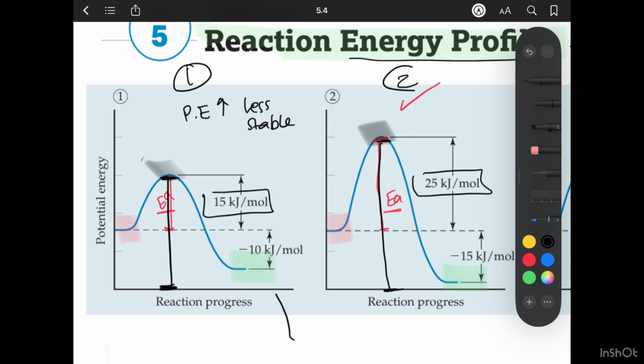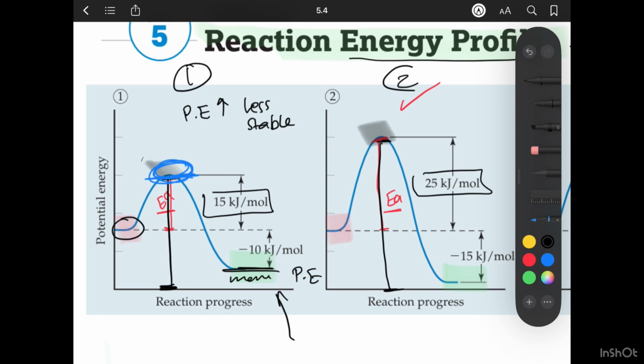If you look at this, which of these is more stable, the reactants or the products? Since the products have lower potential energy, they'll be more stable than the reactants. And the least stable species here is the activated complex, because it has the highest potential energy. Now we're done with potential energies and exothermic reactions.